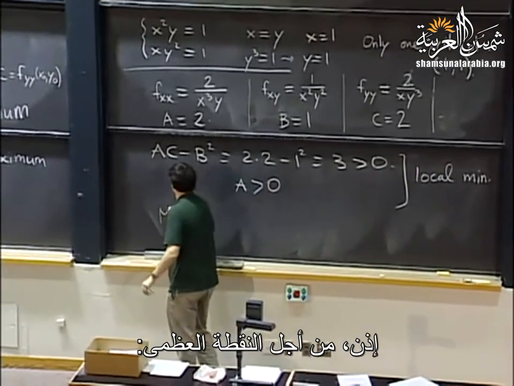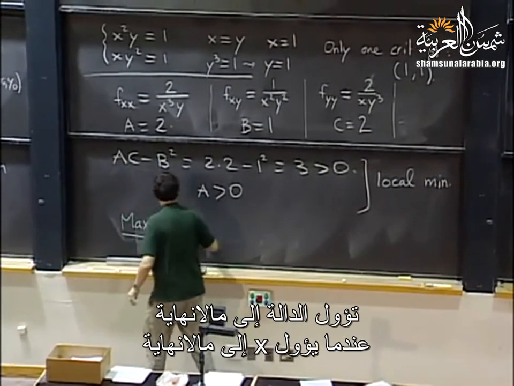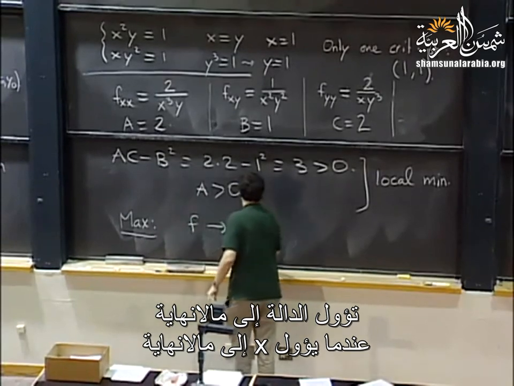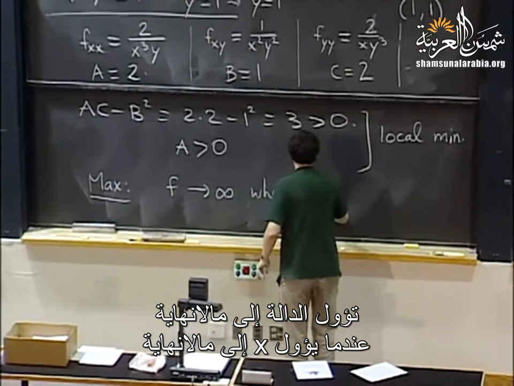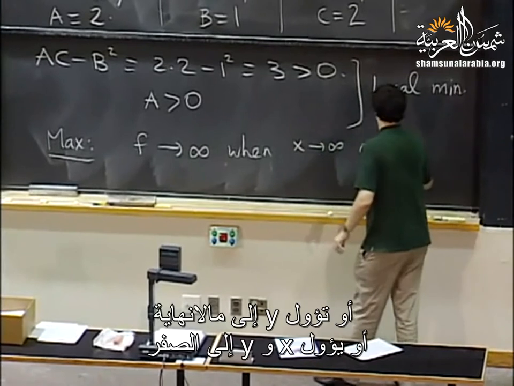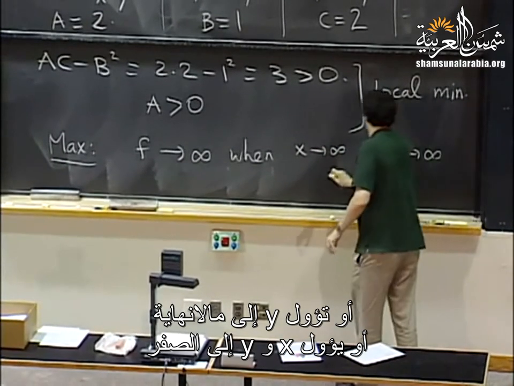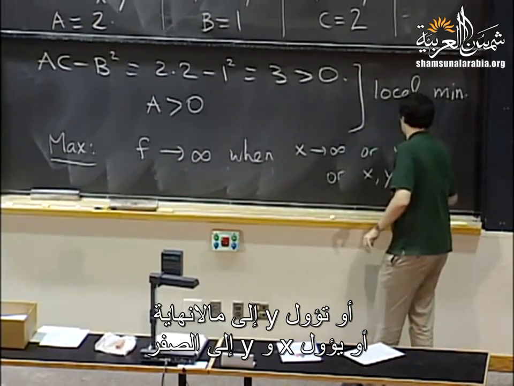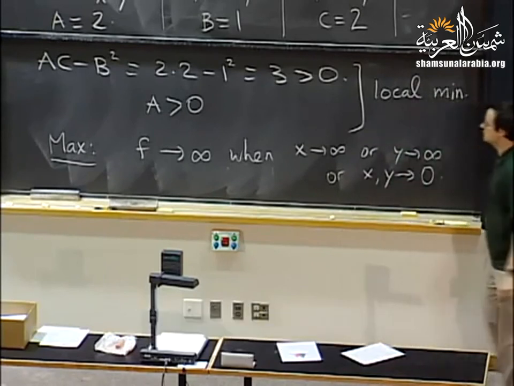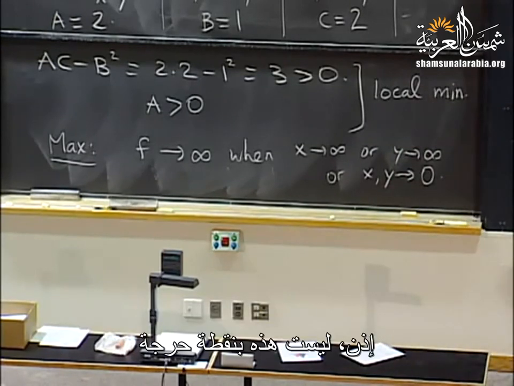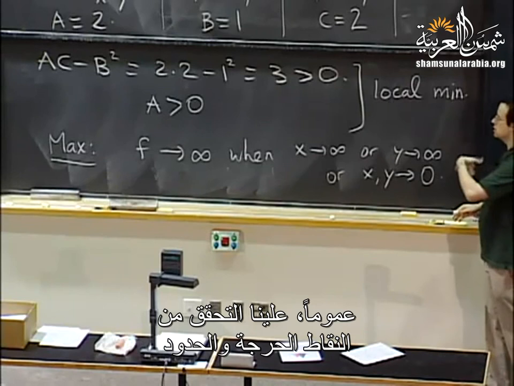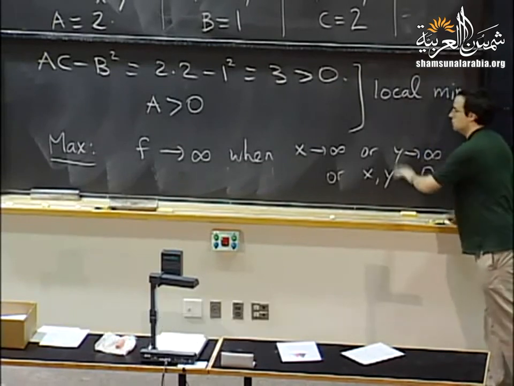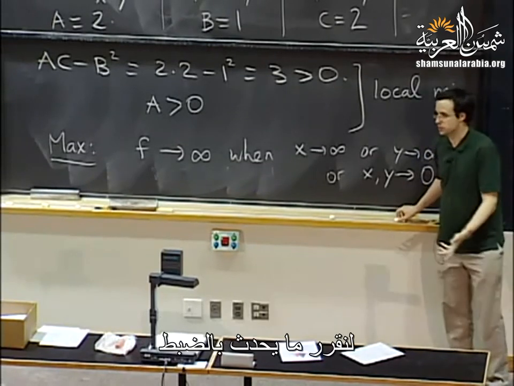So the function goes to infinity, and the maximum is not at a critical point. So in general, we have to check both the critical points and the boundaries to decide what happens.